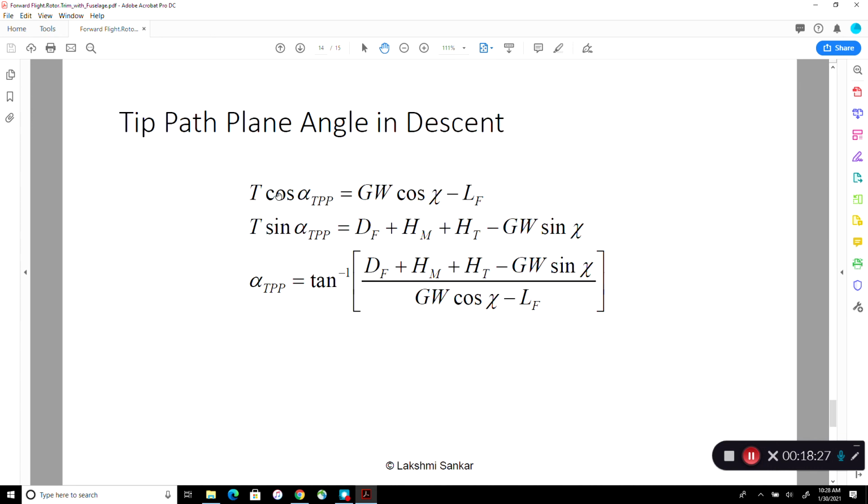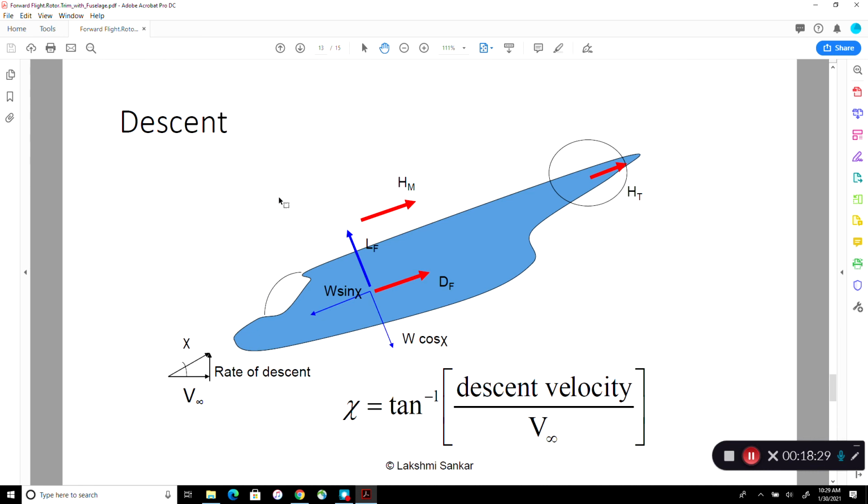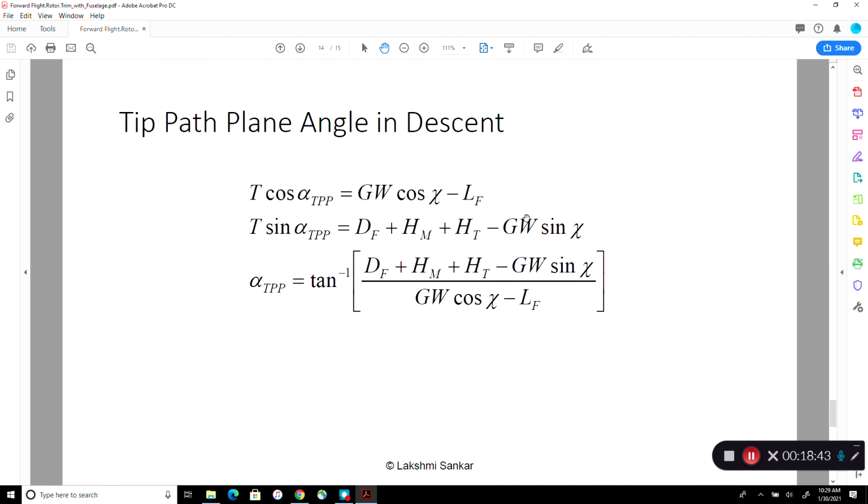So we go here. First thing you notice is now your weight is providing a small amount of propulsive force forward. So you have a W sine chi forward. Therefore, your rotor thrust plus this gross weight times sine chi is balancing the drag. Okay? So gross weight is helping you.